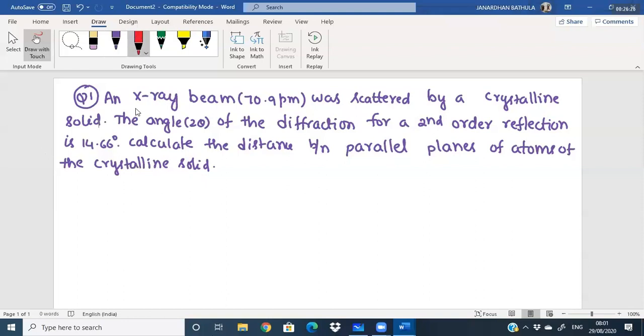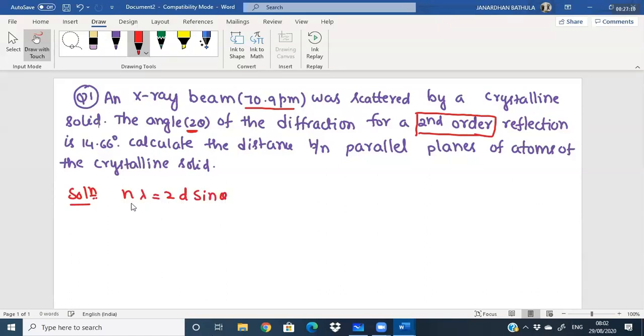Now look at here. An X-ray beam of wavelength 70.9 picometers was scattered by a crystalline solid. The angle is 2 theta, that is the deflection angle of the diffraction for a second order. Second order means n equal to 2. Wavelength is given. Then the formula is n lambda equal to 2d sine theta.